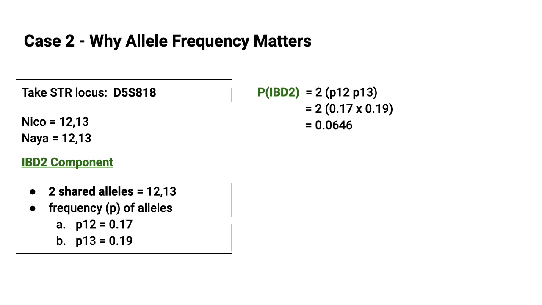Let's take first the component of IBD2, where they share 12 and 13 alleles, with the frequency of allele 12 as 0.17 in the population and the frequency of allele 13 as 0.19 in the general population. In computing the probability of IBD2, we come up with a product of 0.0646. Let's remember that.